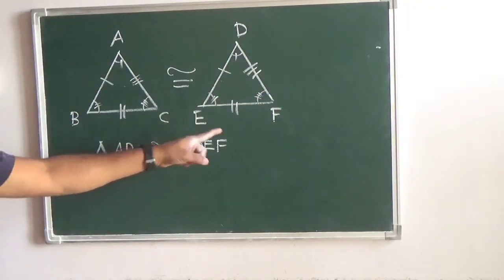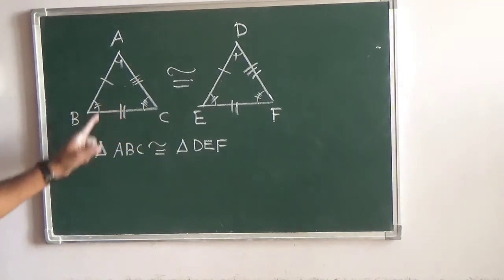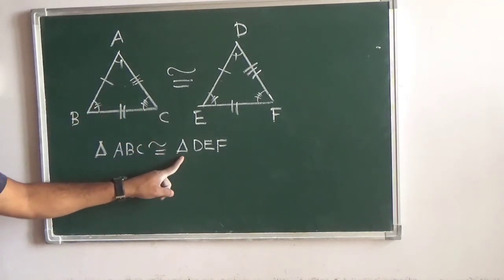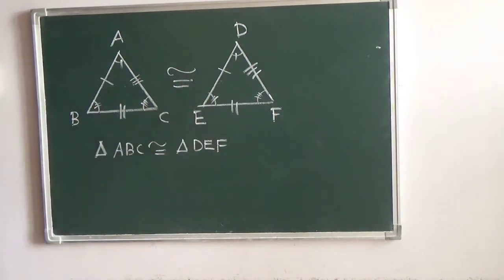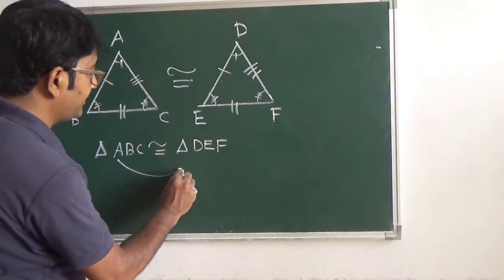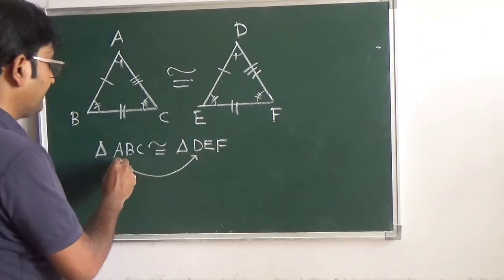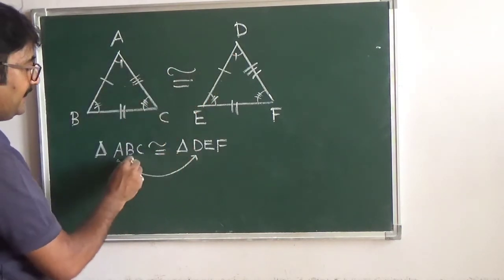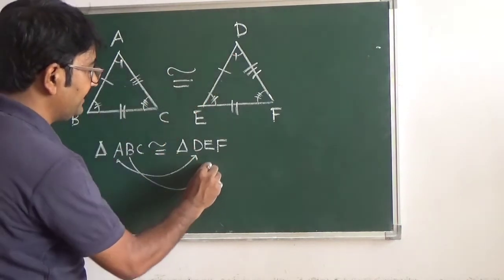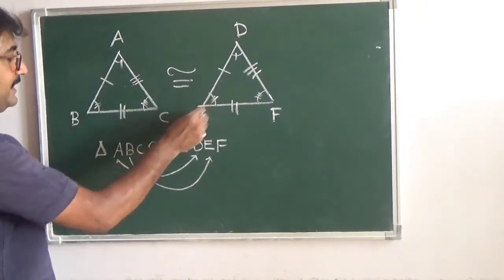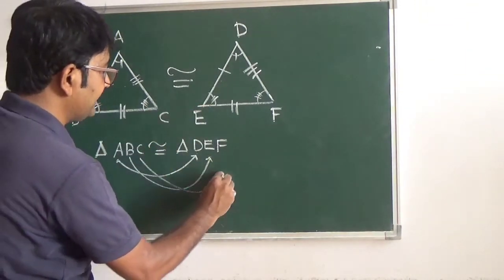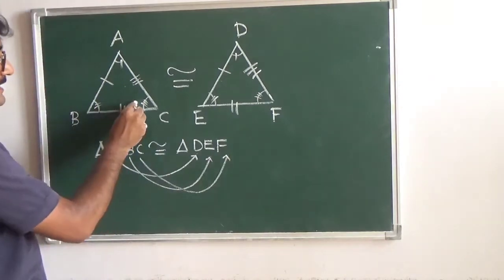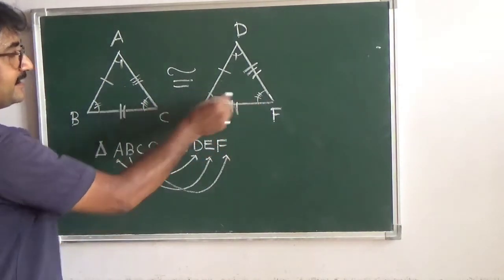This is the way to write that triangle ABC is congruent to triangle DEF. See, A has to correspond to the letter D. If angle A is equal to angle D, then in place of A it has to be D. In place of B, the second position, E has to come because B is equal to E. And in the third position, F has to come for C, that is angle C is equal to angle F. That means C corresponds to F.